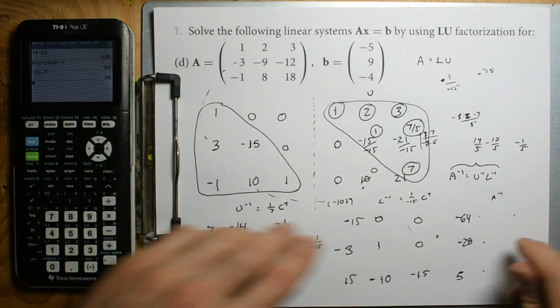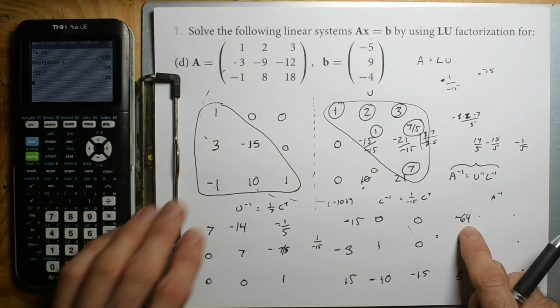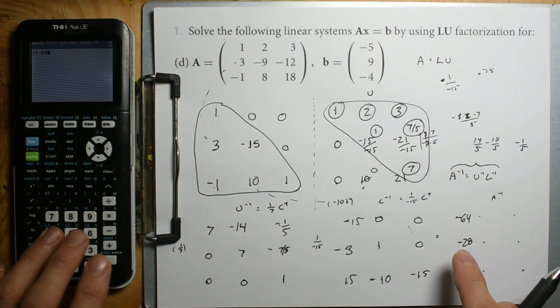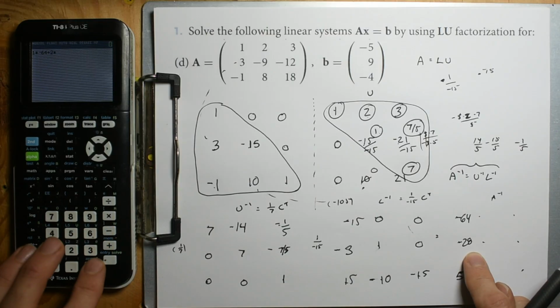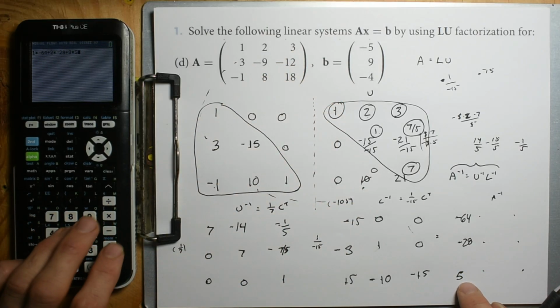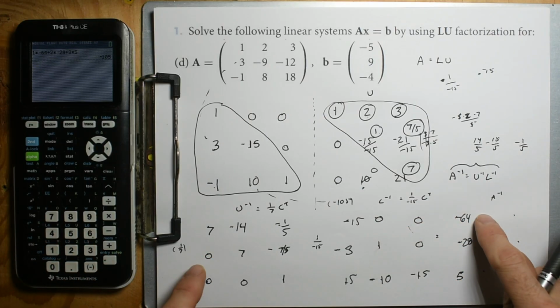I should get the identity by a factor of 105. So I'm going to do 1 times negative 64 plus 2 times negative 23, negative 28, plus 3 times 5. Hell yeah. So yeah, we're money. So we're looking good.